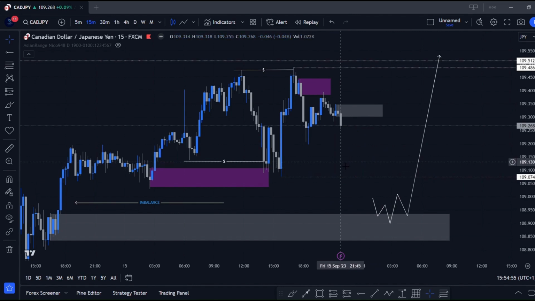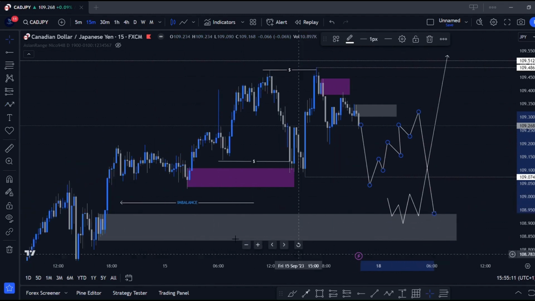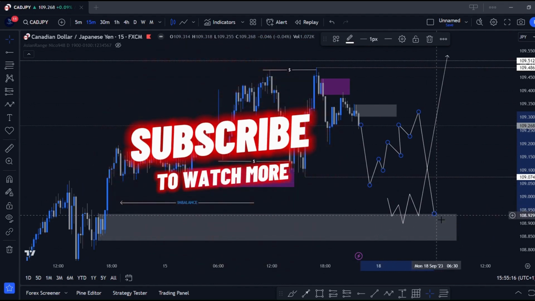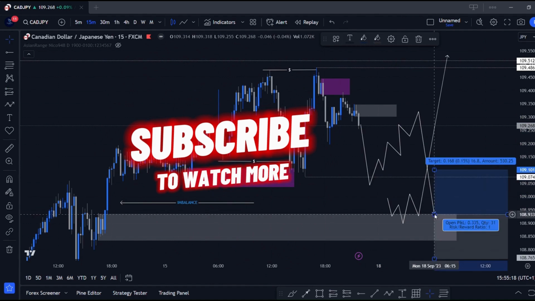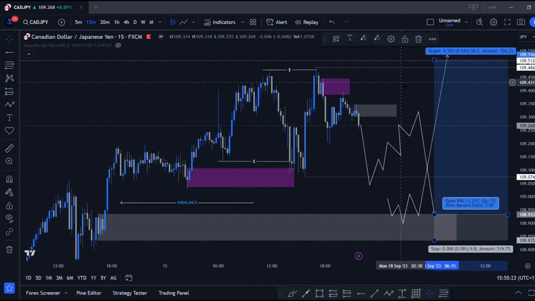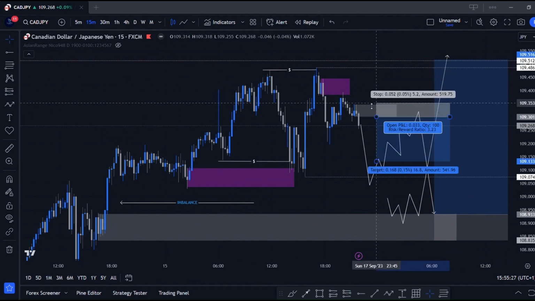So these are the two scenarios that I have for CADJPY, which is price pushing downwards, closing below this low, retracing to our order block, and then pushing to our bullish area of interest that we have, and then finding a confirmation candle to enter on a bullish trade setup to the upside here. So these are my two scenarios that I have for CADJPY as a trader.